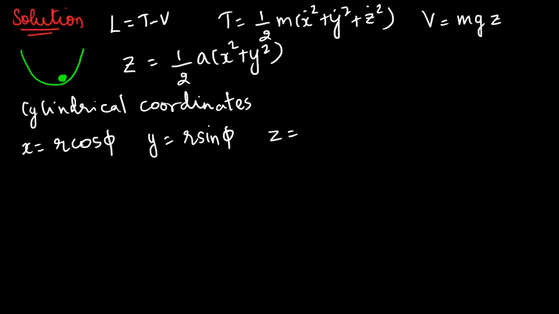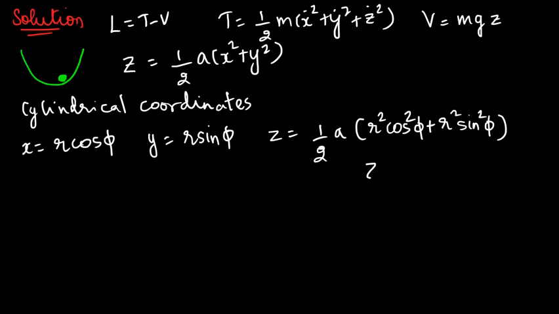And z will be half into a into r square, so I can write my z as half a r square, right? So now I have to find x dot, y dot and z dot in order to get my Lagrangian.